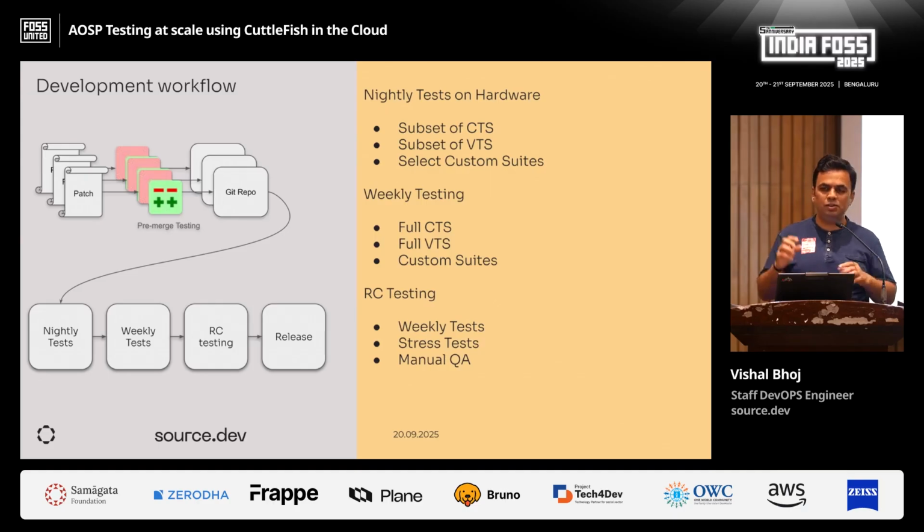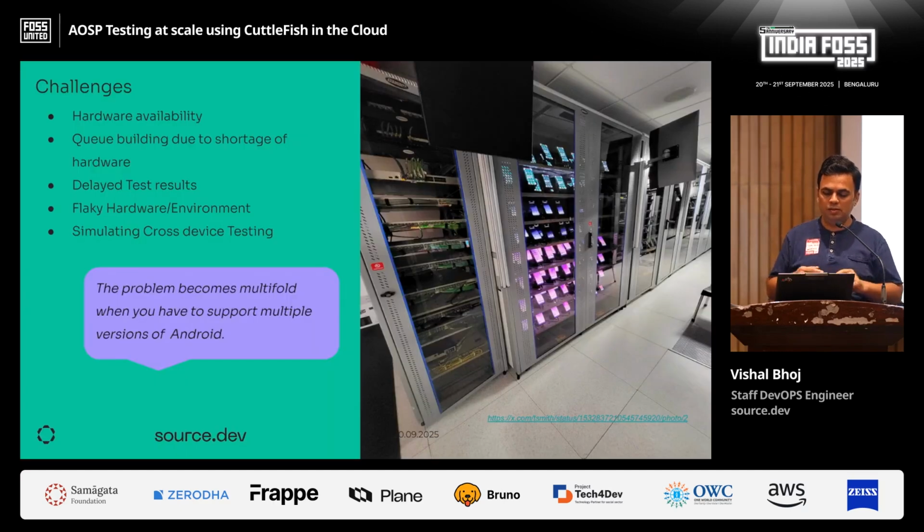Generally, on a nightly basis you would run a subset, and weekly you would do a build on which you run a complete CTS and VTS, and then custom suites, and then you go into RC testing, where you run all these weekly tests. Basically, the number of tests you're running keeps growing as it gets closer to the release. This is the general workflow overall.